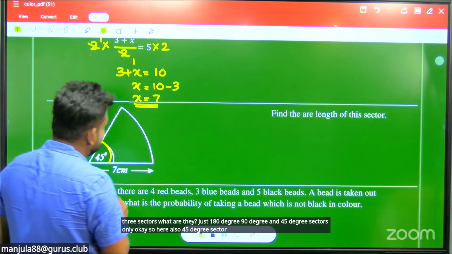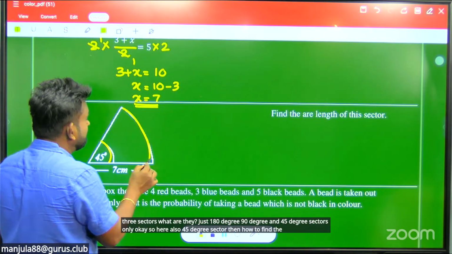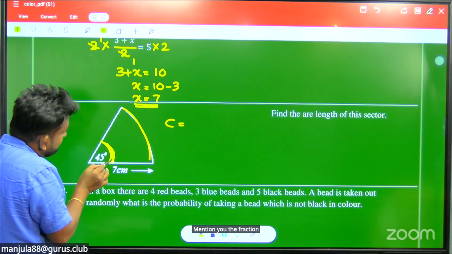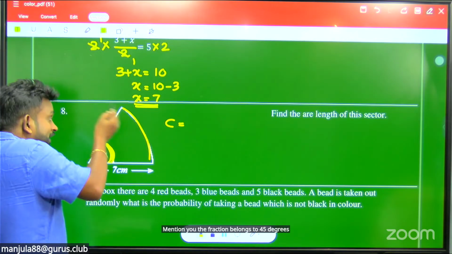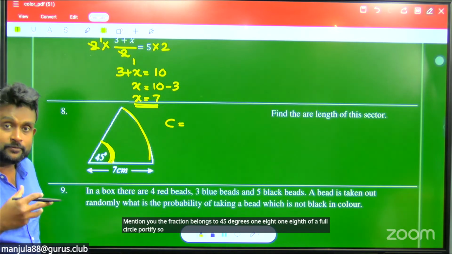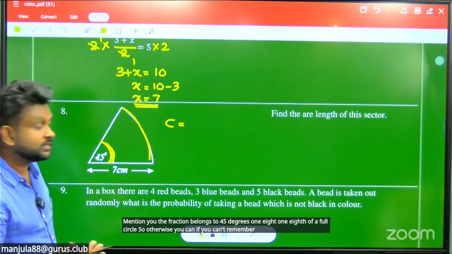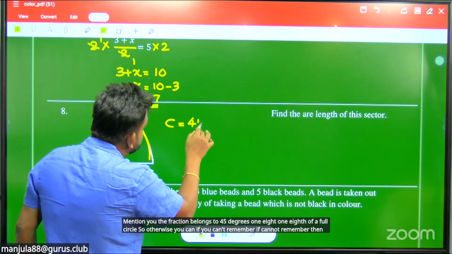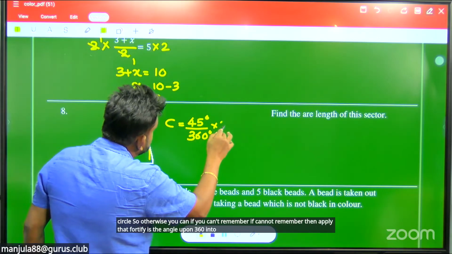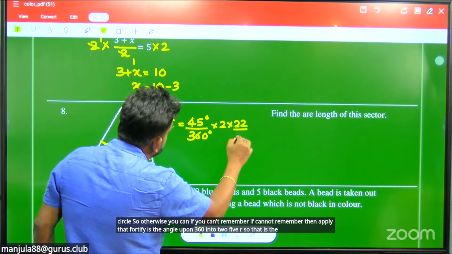Then how to find the arc length? Simply, as I have mentioned, the fraction belonging to 45 degrees is 1/8 of a full circle. Otherwise, if you cannot remember, apply 45 upon 360 into 2πr.